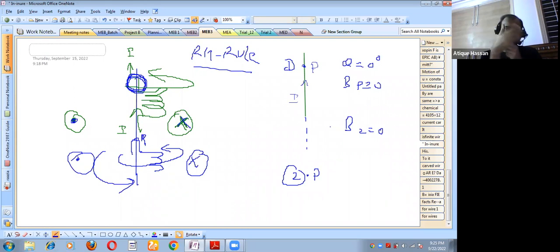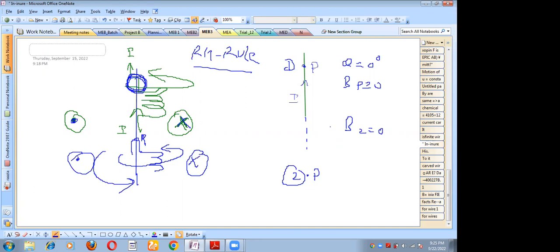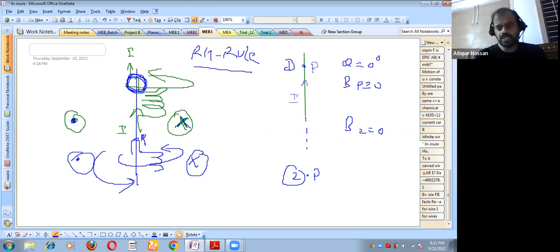At the right side points, the curling will be like this, so the magnetic field will be inward. And at these points, the curling will be like this, so the magnetic field is outward. Understood? Yes, sir. So this is how we find the direction of the magnetic field due to a current carrying wire.